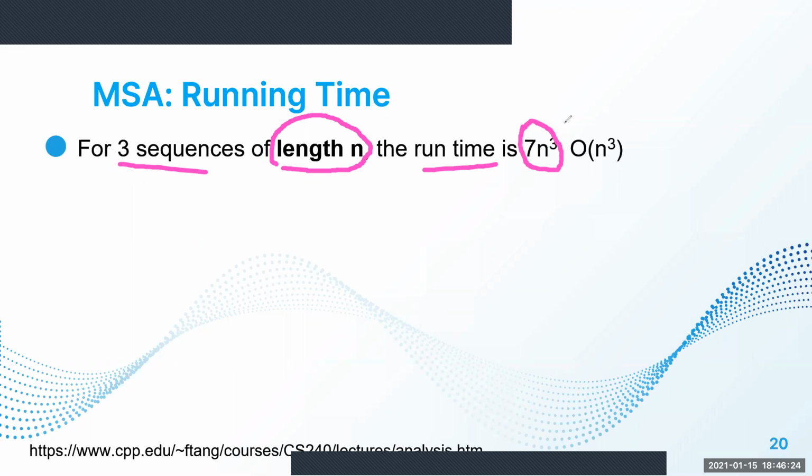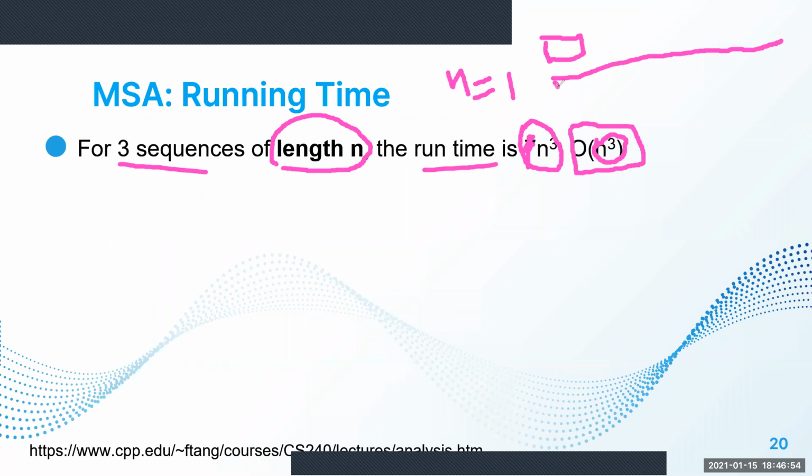In big O notation, we simply remove these constant values and keep only the n part. The n part depends on the length of the sequence. The sequence length could be 1, with only one character, or it could be around 10,000.